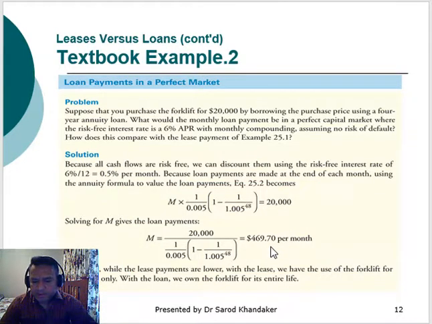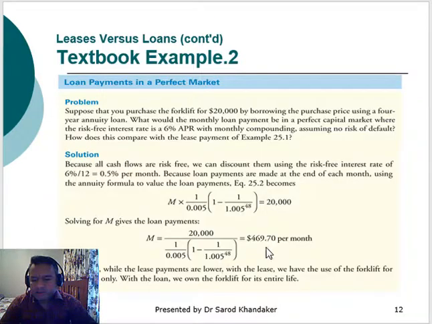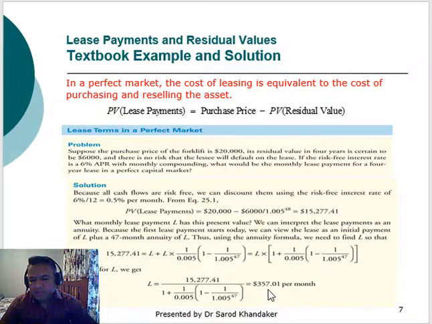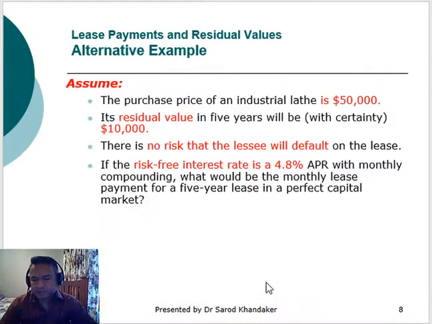So if you compare lease versus the loan, the loan payment is $469.70 per month, whereas the lease payment was previously $357.01. So we can see here that the lease payment is much cheaper than the purchase option.